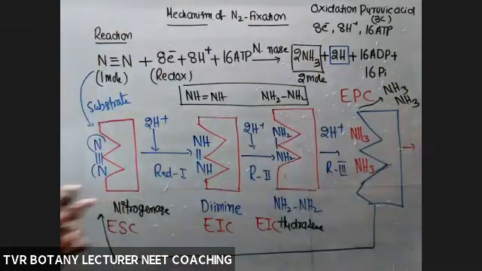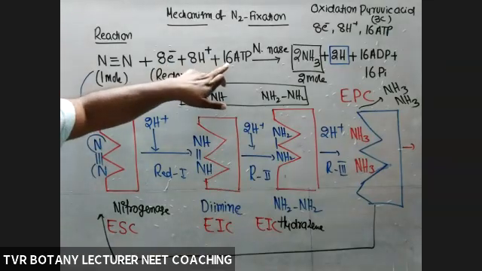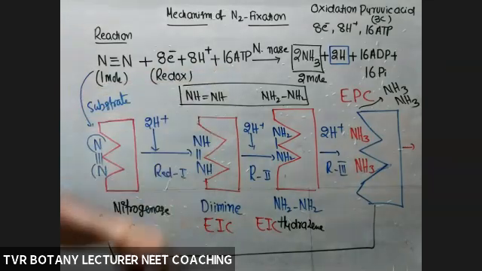So that is the mechanism of biological nitrogen fixation in the presence of the nitrogenase enzyme. Reducing power, 8 electrons, 8H plus, and energy in the form of ATP, 16 ATP molecules. So that's the basic mechanism that is common for most nitrogen fixers.